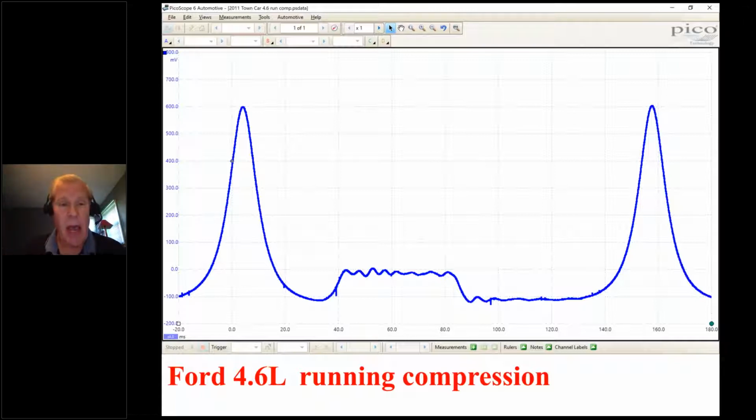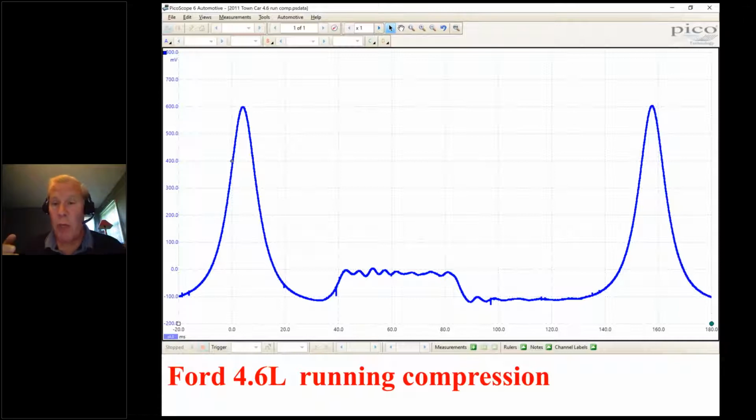One, because of my time, and secondly, when you crank an engine over, as you know, there's very little vacuum in the manifold and in the cylinder. So the intake events are not well defined with the loss of vacuum. So I'm going to use running compression because it's easier to see the valve events, it's easier to see the vacuum in the pattern.